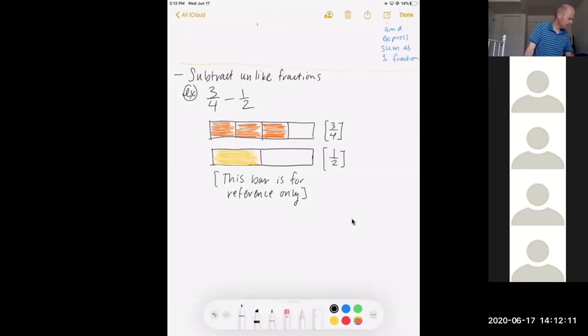Actually, I'm skipping ahead a little bit on that. Yeah, no, I think that's okay.